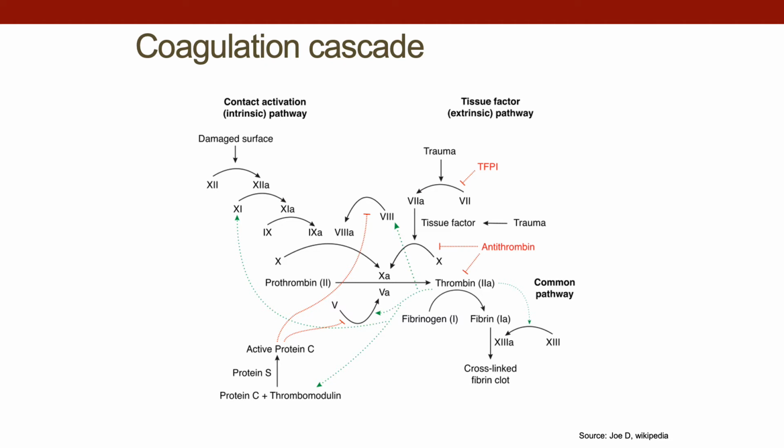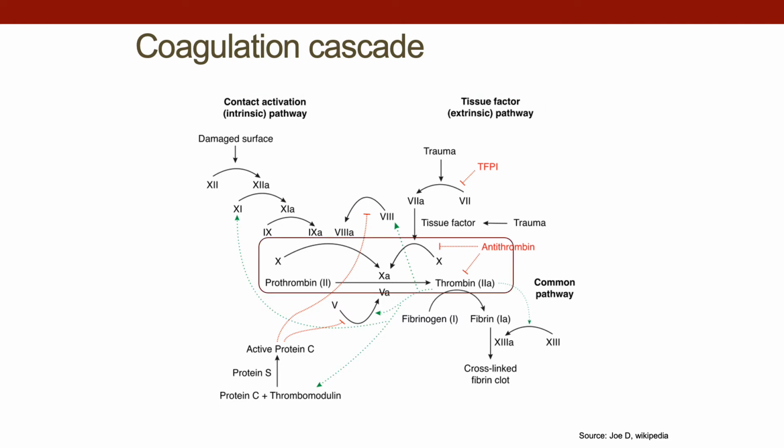And there are two different ways that the fibrin clotting pathway can be activated. One's called the contact or intrinsic pathway, and the other one is called the tissue factor or extrinsic pathway.